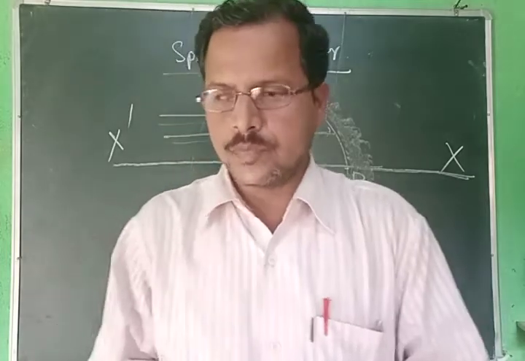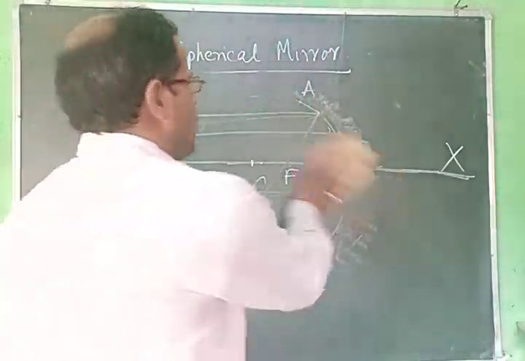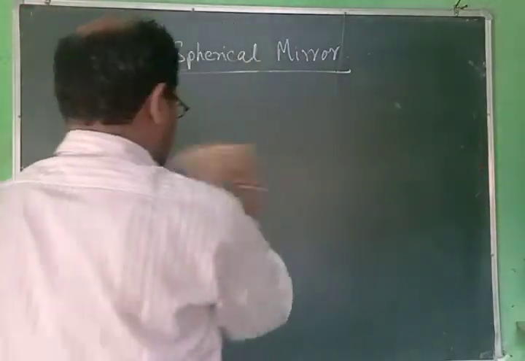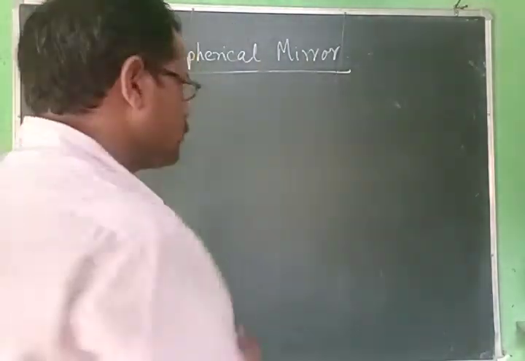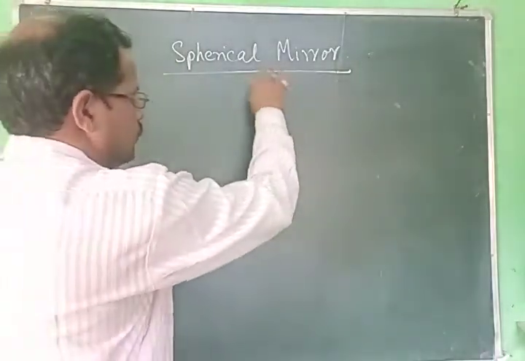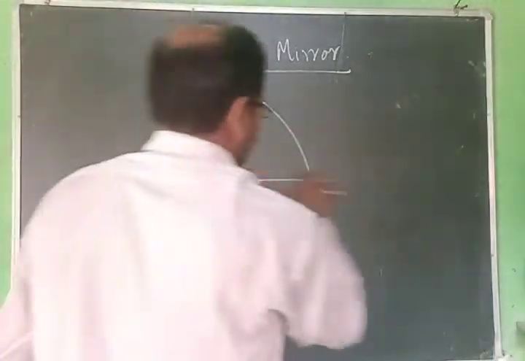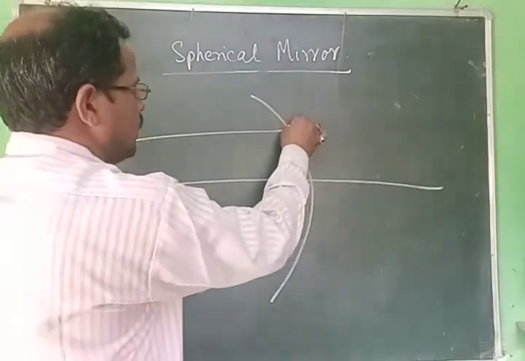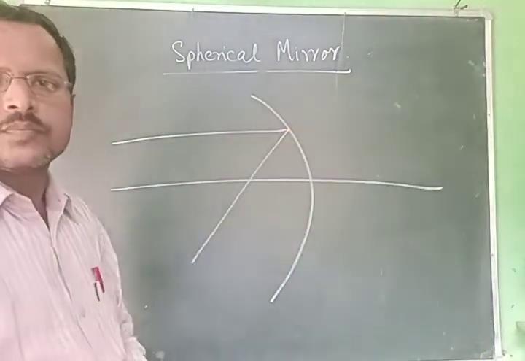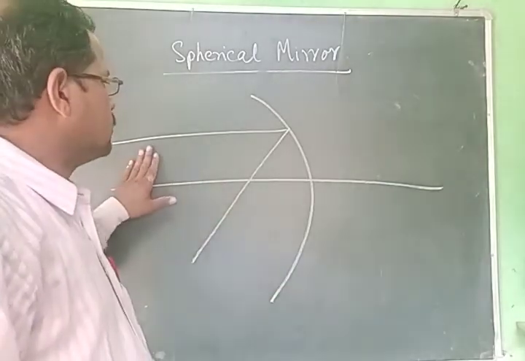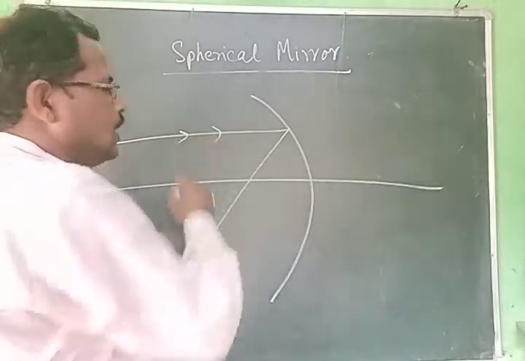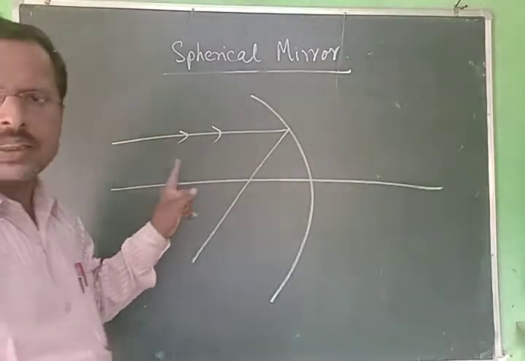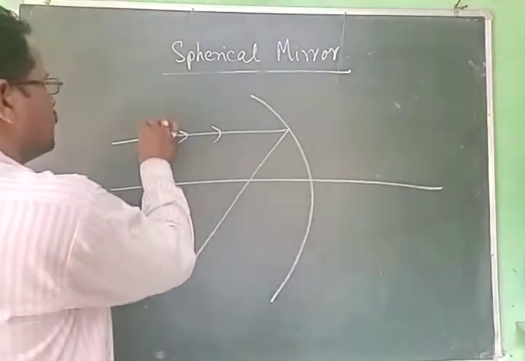Okay, so let us draw again. Suppose this is a parallel beam of light. This ray is called the incident ray.